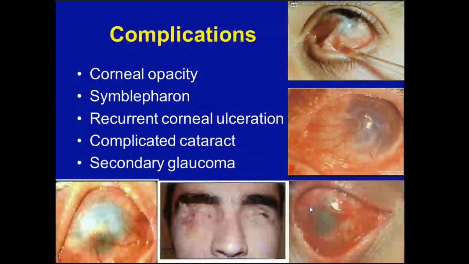Very severe complications may occur after chemical burns. Usually these are corneal opacity, symblepharon, recurrent corneal ulceration, complicated cataract, and secondary glaucoma.